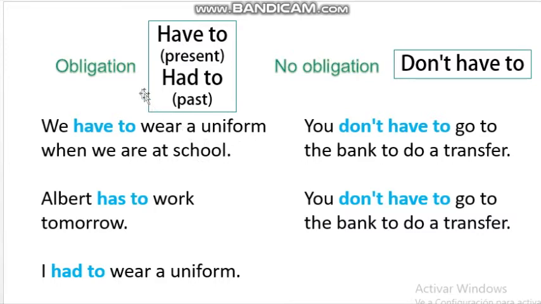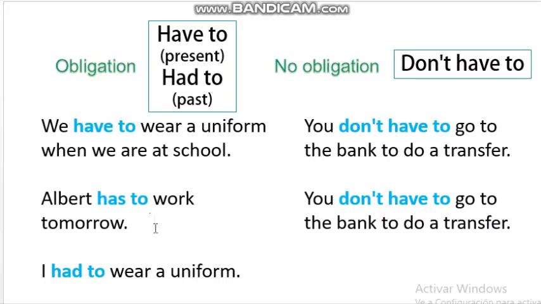So we have the obligation to wear a uniform when we go to school. "Albert has to work tomorrow." That means that Albert has to work tomorrow. These two sentences are in positive.